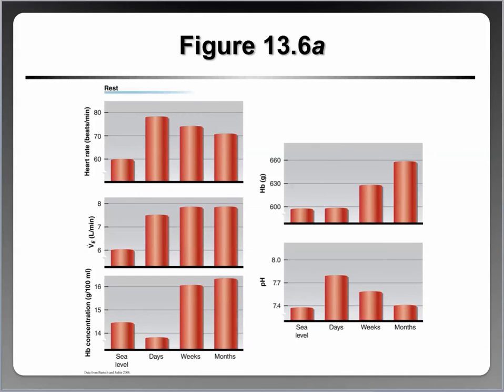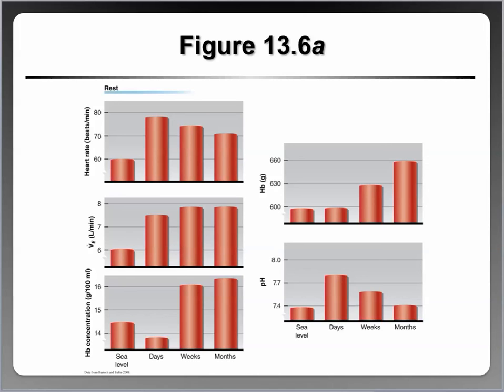So if we take a look back at this figure, at the bottom of the left-hand set of graphs, you'll see hemoglobin concentration, which goes down in the couple of days after. And your book says this is due to plasma volume expansion, so you have an initial drop in plasma volume followed by a recovery, and I think that because of the recovery, you have a greater liquid portion, and this serves to drop the hemoglobin concentration.